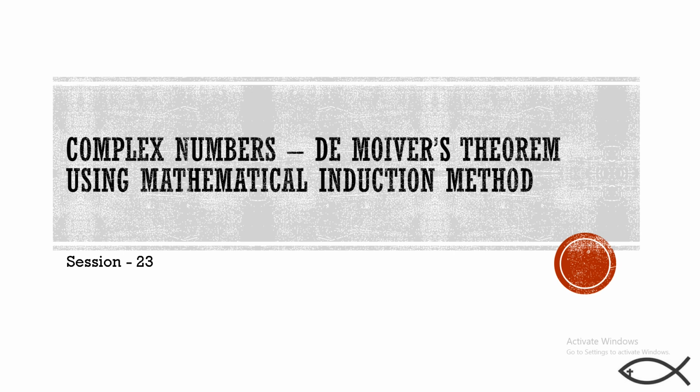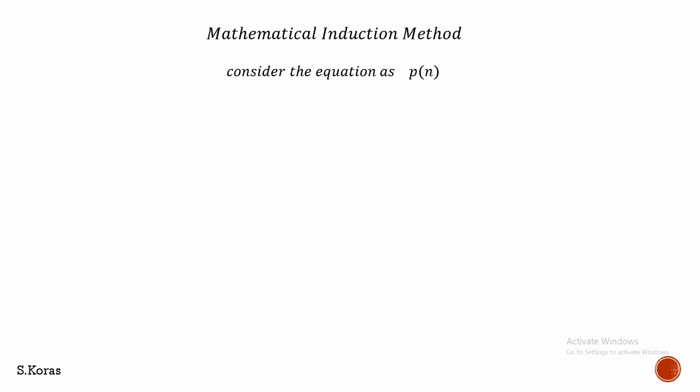To prove a given statement is true, first of all, we have to consider the statement as P of n. After considering that statement as P of n, we have to verify, is it true for n is equal to 1? And if it is true for n is equal to 1, we have to consider it is true for n is equal to k.